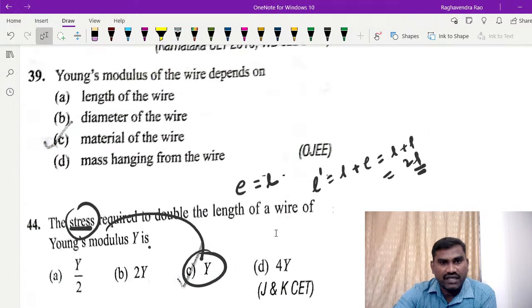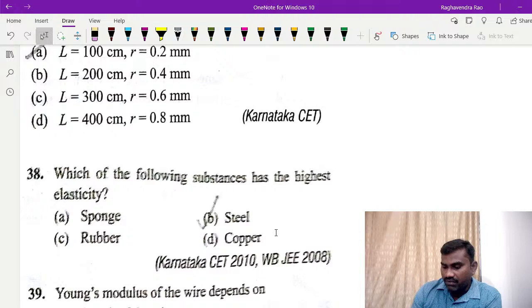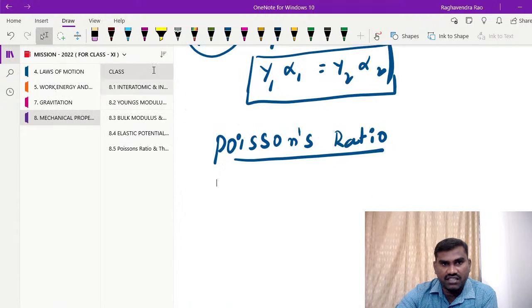Okay, you practice some of the questions. I will send you a file. In that file you will get more questions for your practice. After the class finishes, I will send that file. You can practice those numericals. Now, today's allotted topic Poisson's ratio is also there.